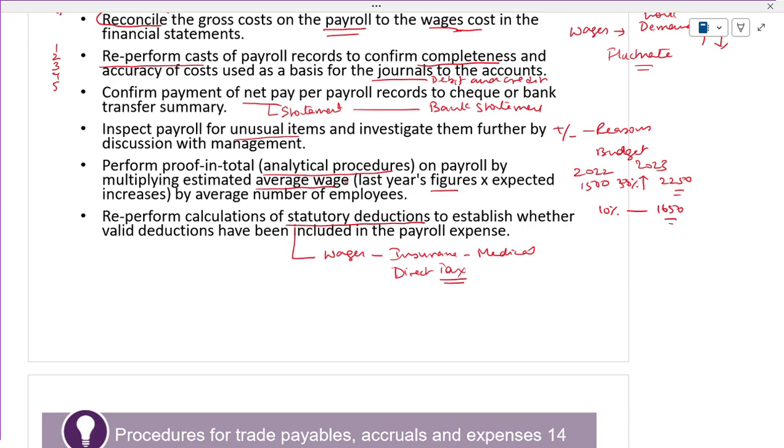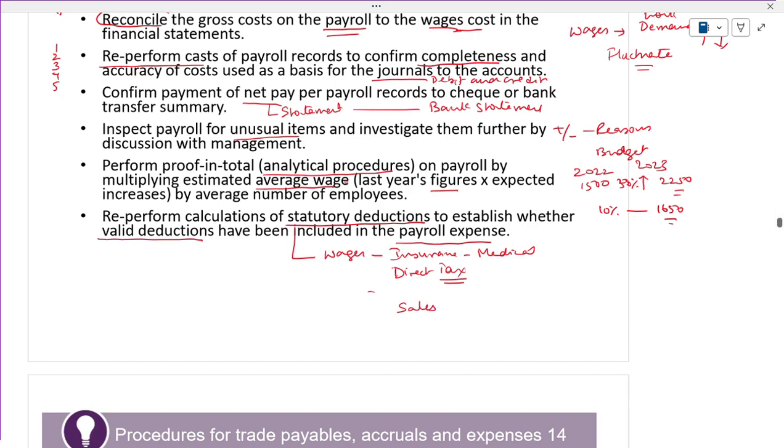What you perform is a calculation of whether we have paid statutory deductions and whether the deductions are right or wrong, correct or not, and whether they have been included in the payroll expenses. We will see how much is the gross salary.